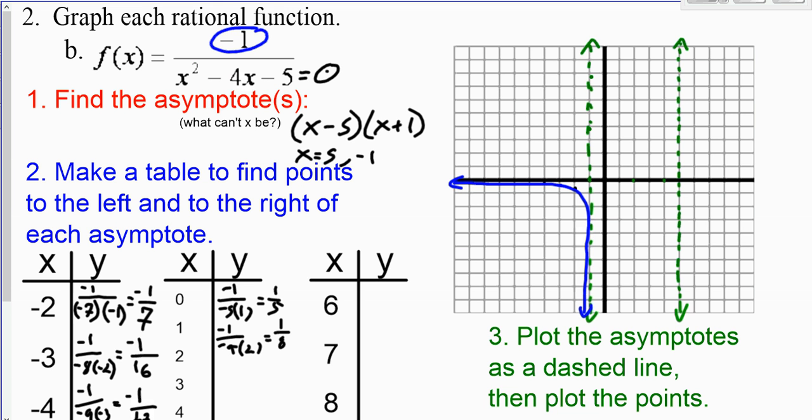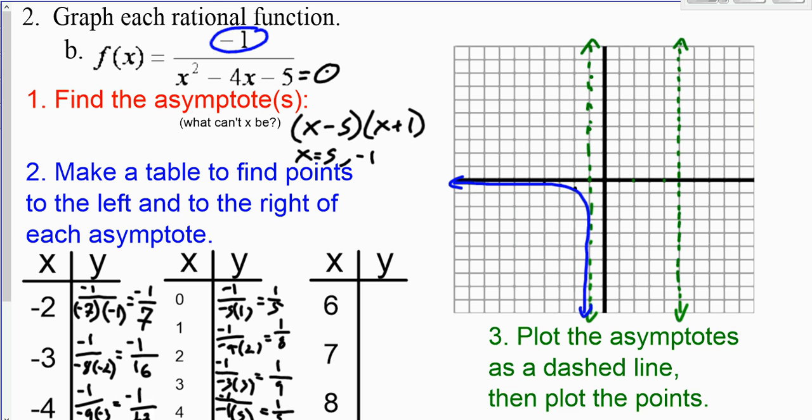Okay, at 2, I'm going to get negative 1 over negative 3 times 3, which is equal to 1/9. And then at 4, I'm going to be negative 1 over negative 1 times 4 plus 1 is 5. So I'm back to 1/5.